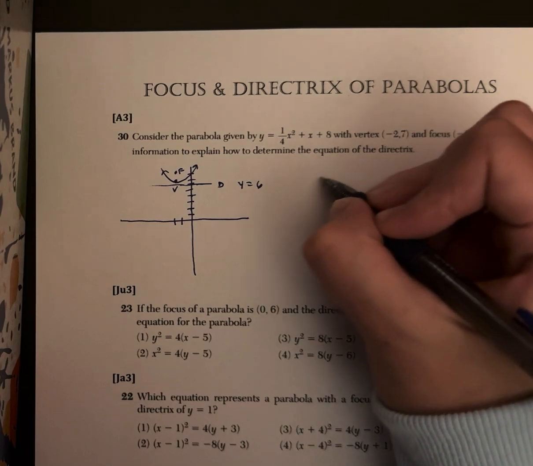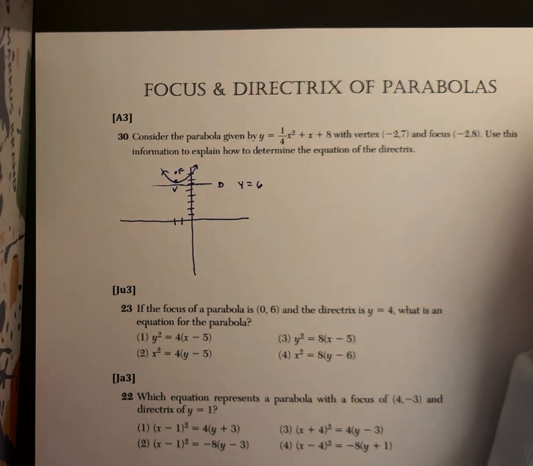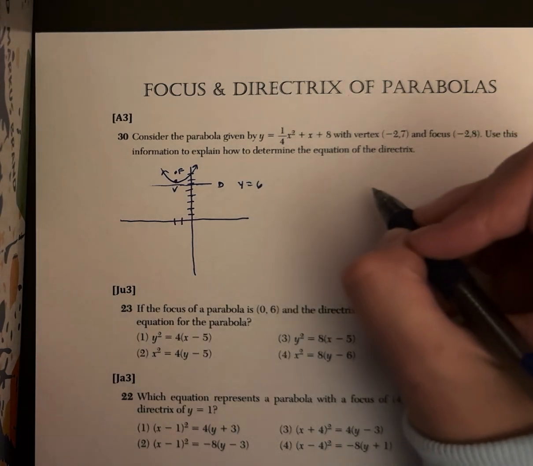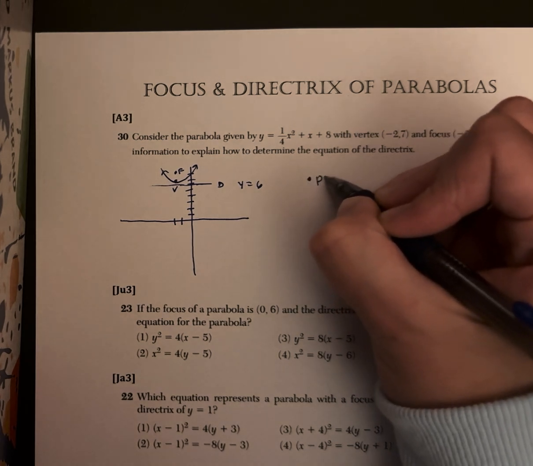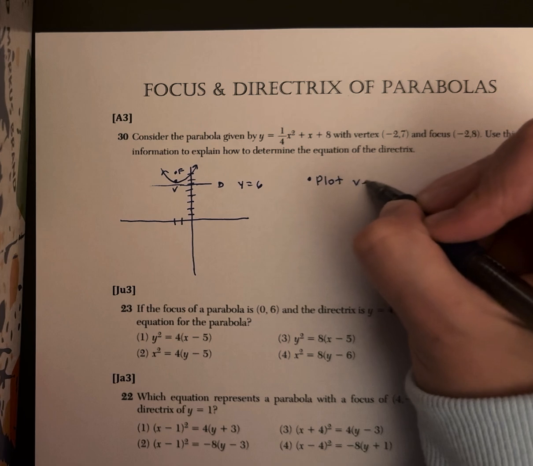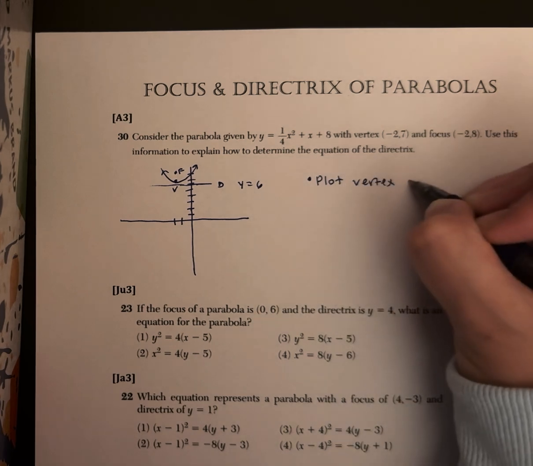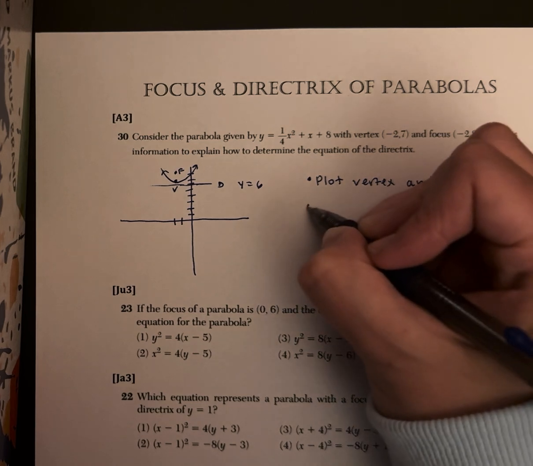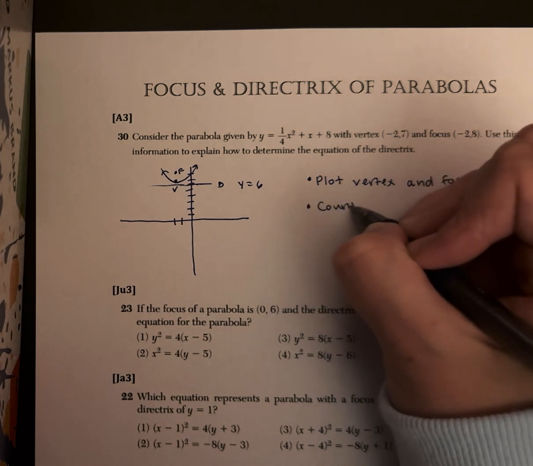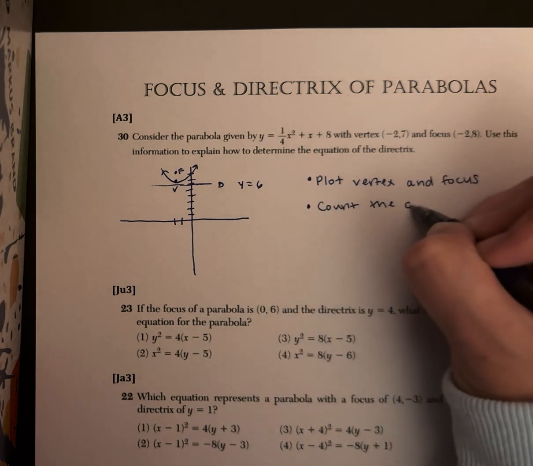But determine how to use this information to explain how to determine the equation of the directrix. So we can plot the vertex and focus. Count the distance between them.